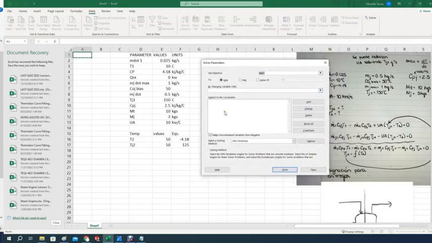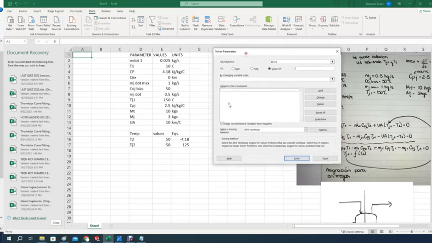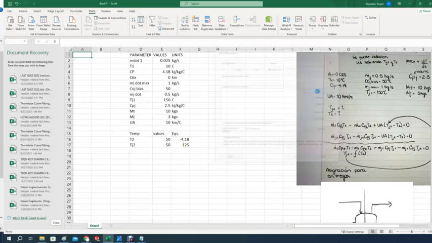Careful here. Because there's two equations, what we really want is the following. We want this equation to hit a value of, and I have zero here, that's good. But what is the constraint? The constraint also is that this second equation, let me add here.